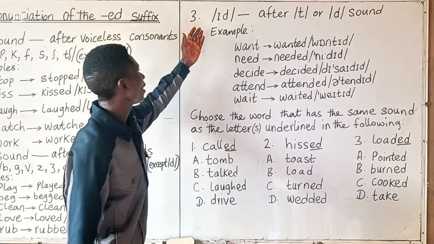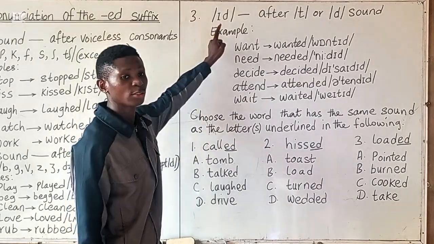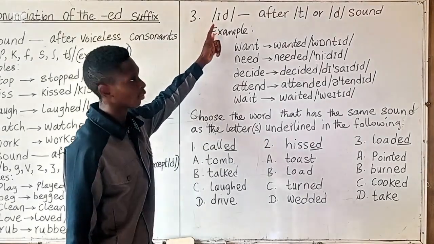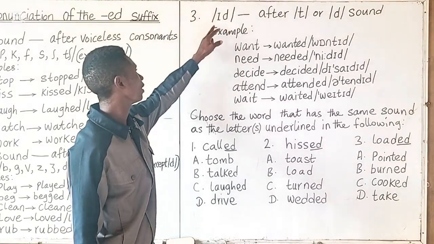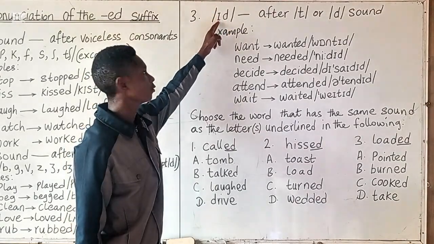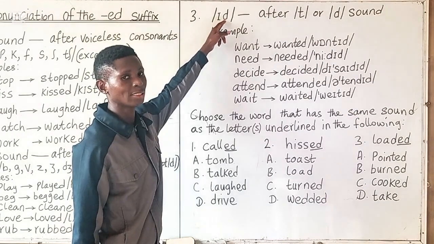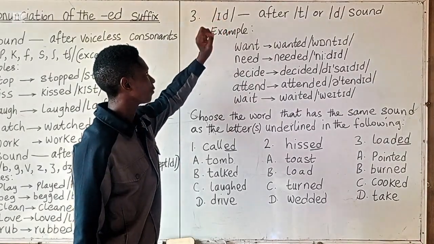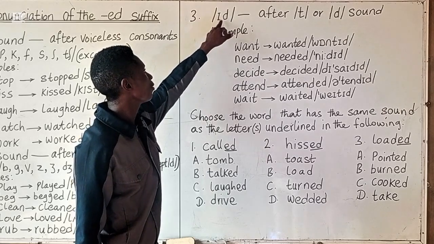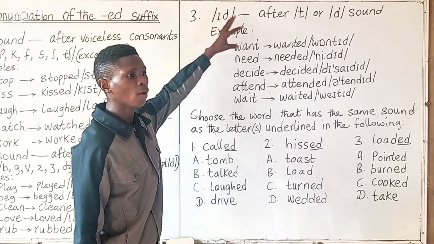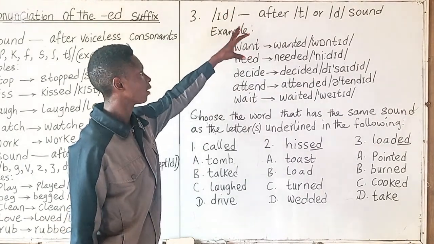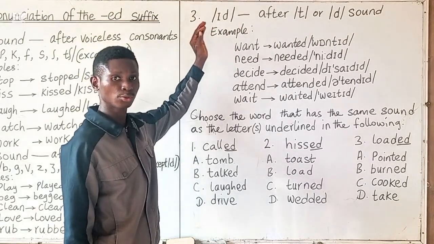Moreover, the third way to realize the past tense marker, the ED suffix, is as id, a combination of vowel number 2 and the consonant sound D. And most times, when you realize the ED morpheme as id, it will form two syllables. That word will change to two syllables.